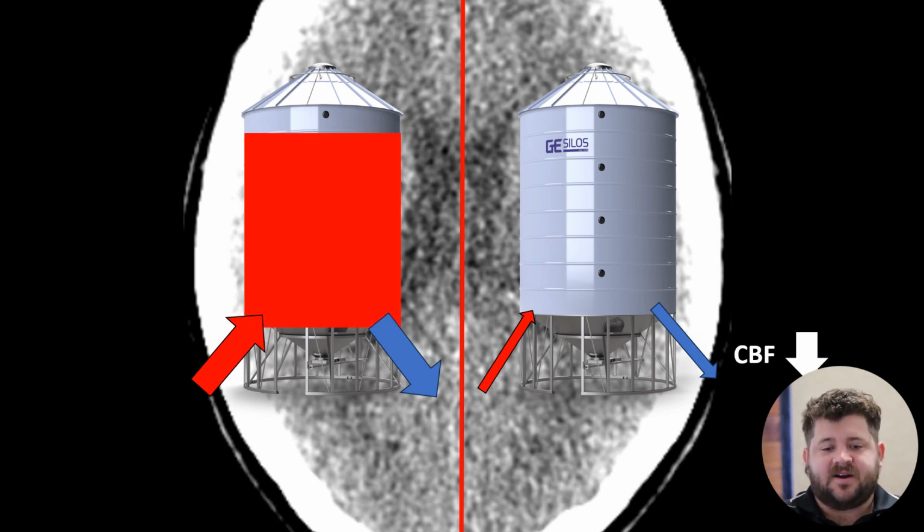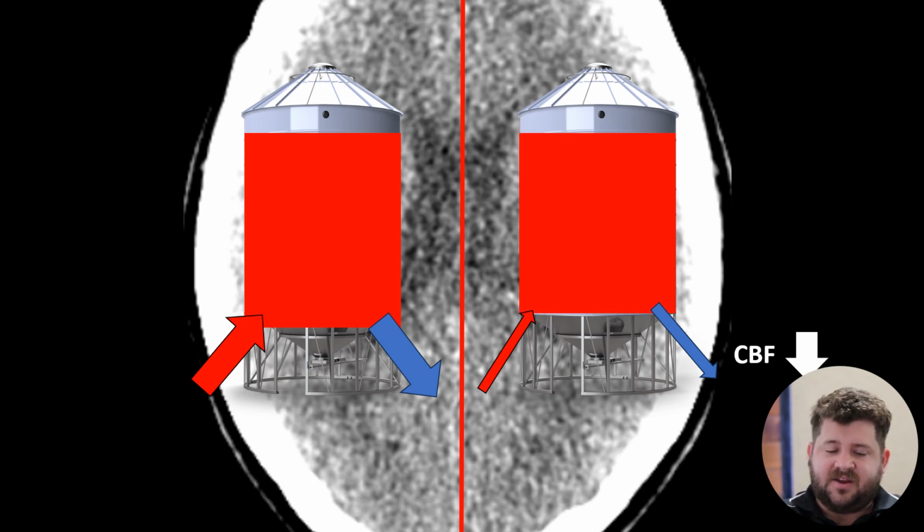Again, on our normal side, we notice that the tank fills almost to the top, but in the case of our stroke side, we notice it also fills to the same level. So this means we have an equivocal cerebral blood volume. So we know we've got a reduced flow, but an equal blood volume. So it is stroke affected because our flow is reduced, but we still have some blood pooling within that brain tissue.